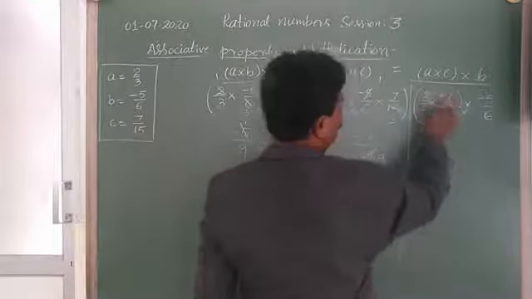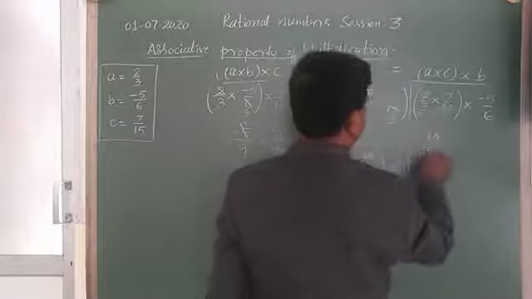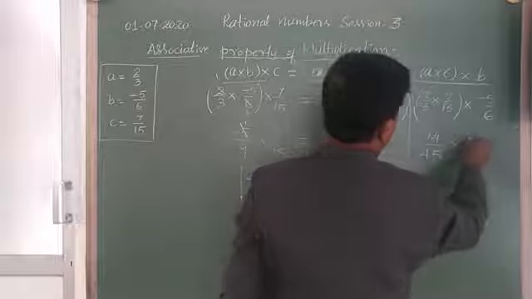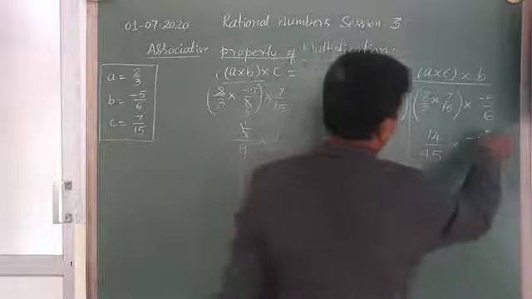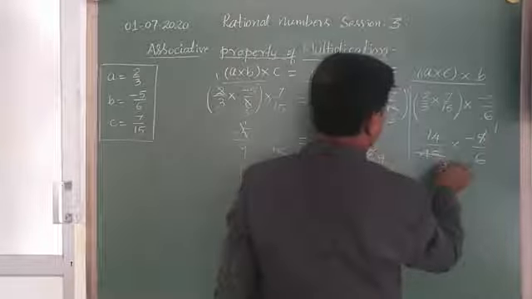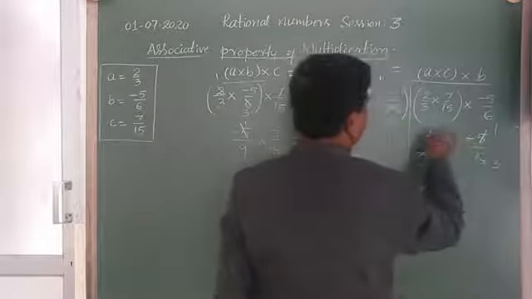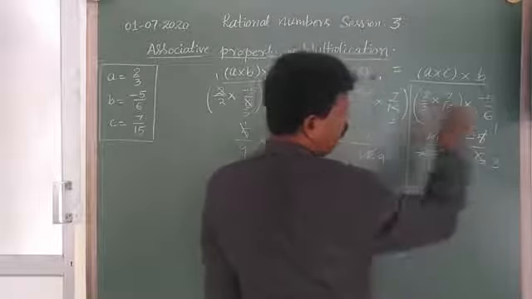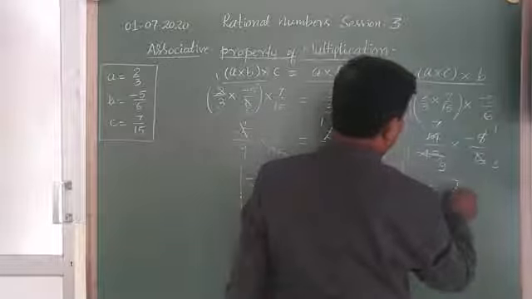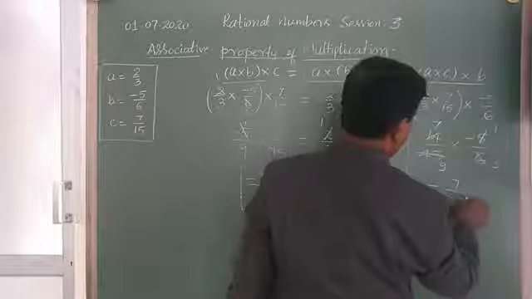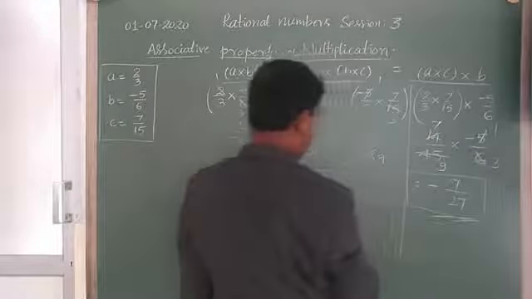Now no cancellation of this: 7 2s are 14 by 15 3s are 45, into minus 5 by 6. Now cancellation: 5 1s are 5, 5 9s are 45. Now from the 2 table, 2 3s are 6, 2 7s are 14. Now no cancellation, plus into minus is minus, 7 1s are 7, 9 3s are 27. So here this also is the same as this.